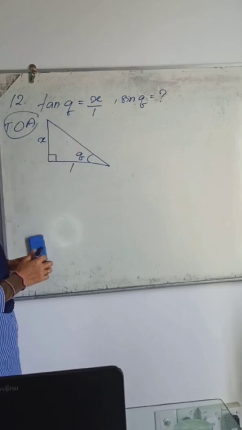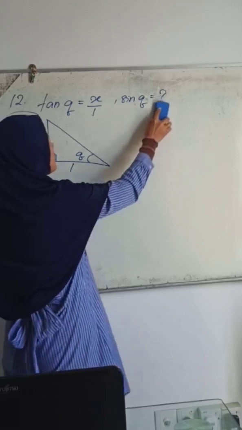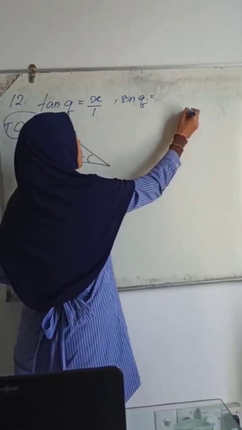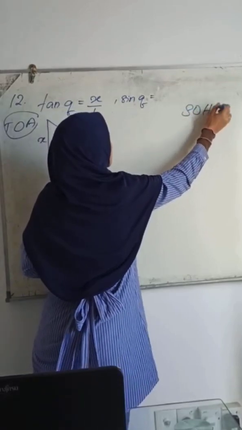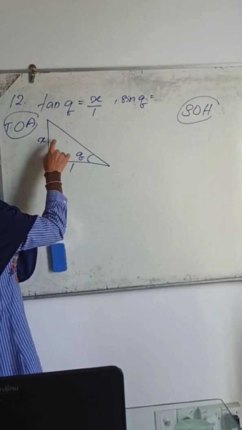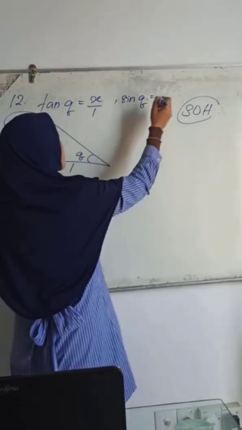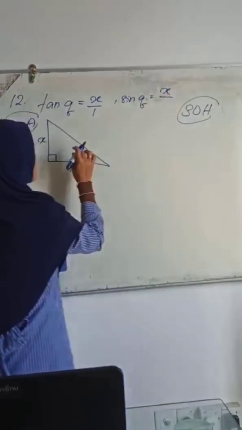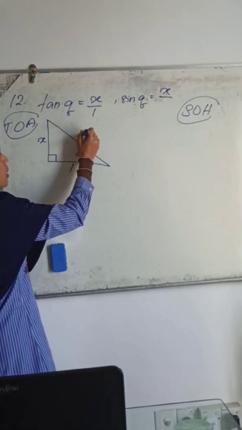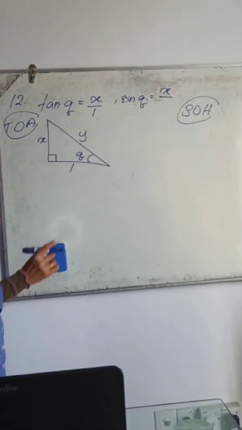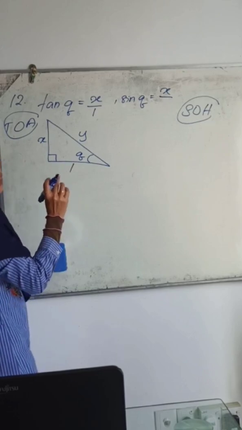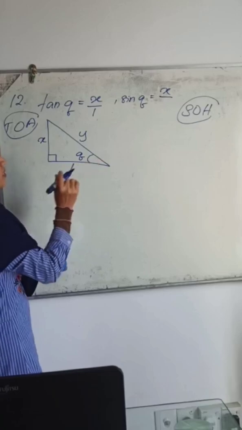To find sine Q, sine is equal to opposite x per hypotenuse. Hypotenuse, let's say y. To find the value of y, we can use Pythagoras theorem.